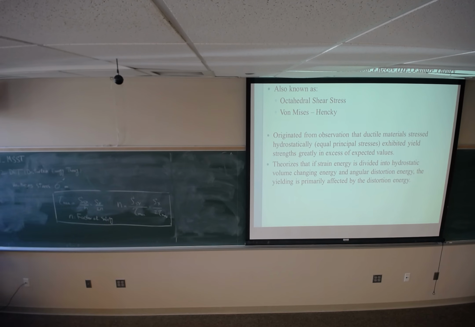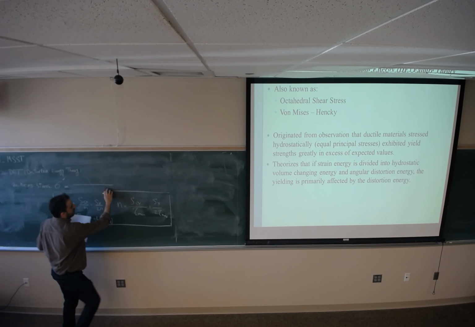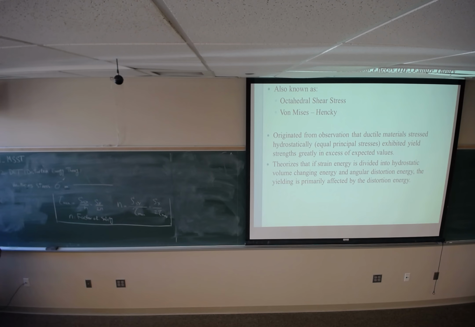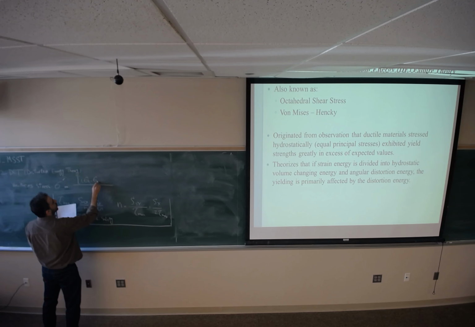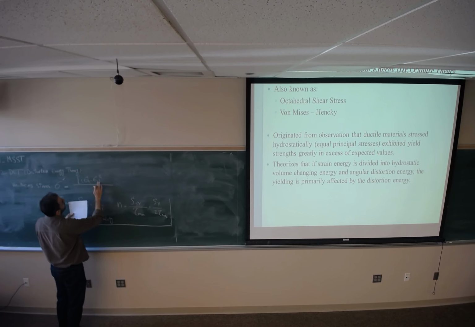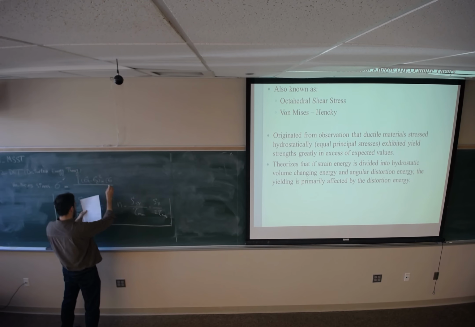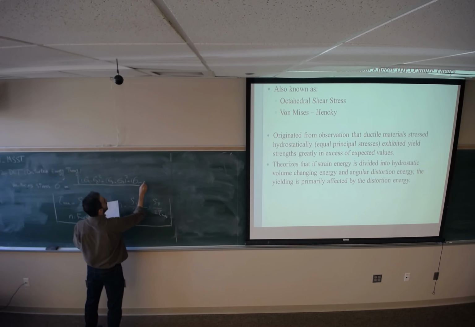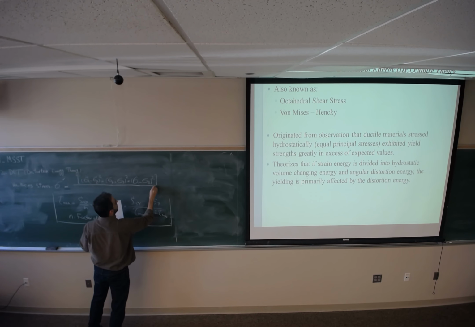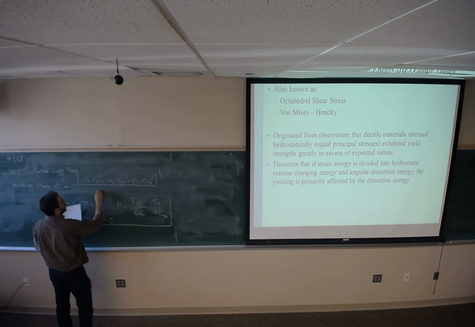Sigma prime is defined as the square root of sigma 1 minus sigma 2 squared, plus sigma 2 minus sigma 3 squared, plus sigma 1 minus sigma 3 squared, all divided by square root of 2.